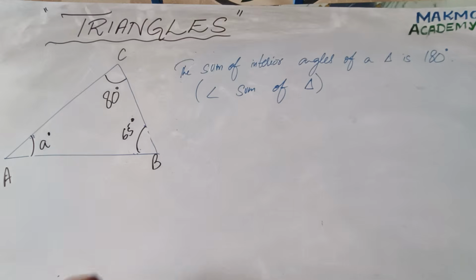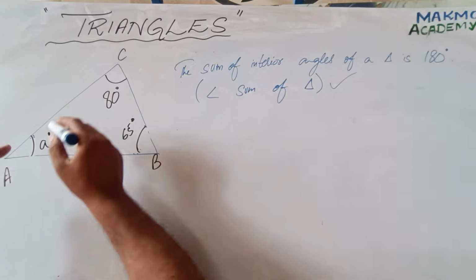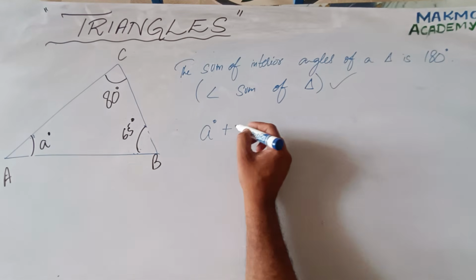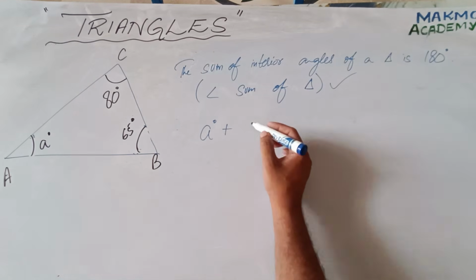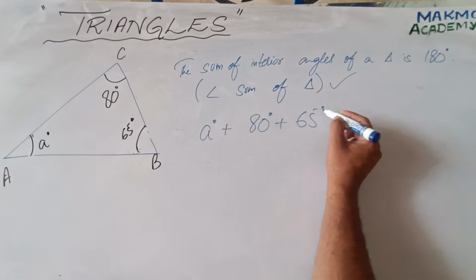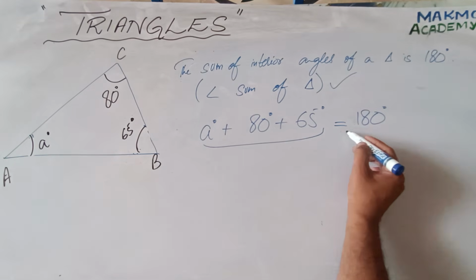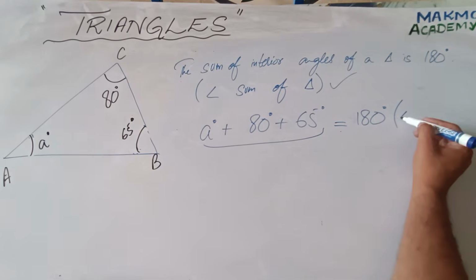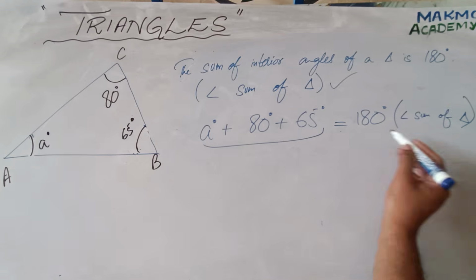To find the unknown angle, we will again use the property that the sum of all three angles is equal to 180 degrees. So we write A plus 80 degrees plus 65 degrees is equal to 180 degrees. We know that the sum of all three angles of a triangle is 180 degrees, and we give this reason: angle sum of triangle. Always write down the reason.